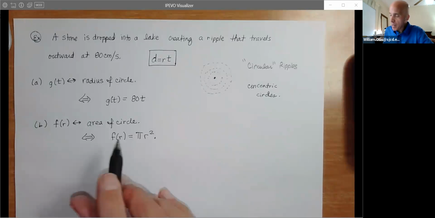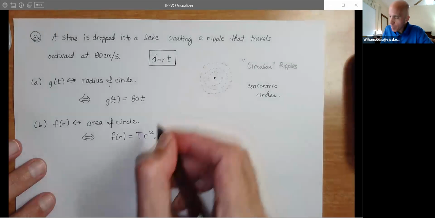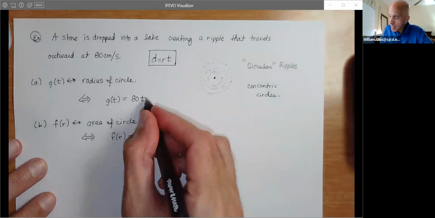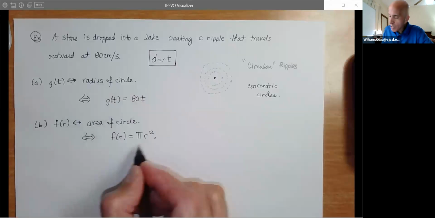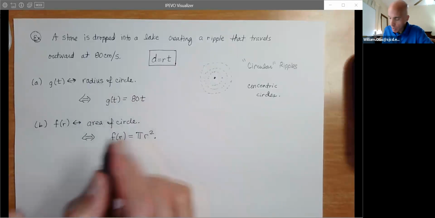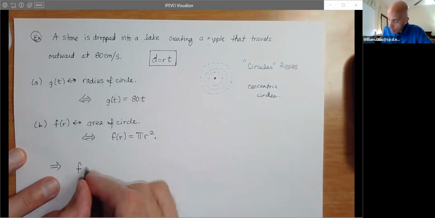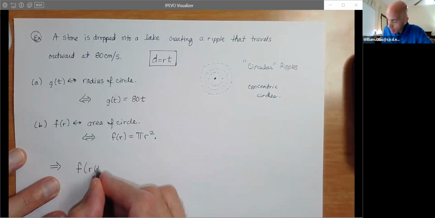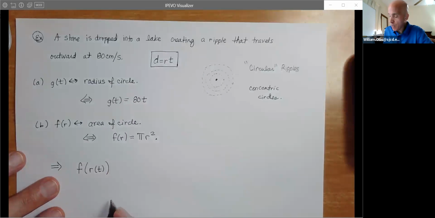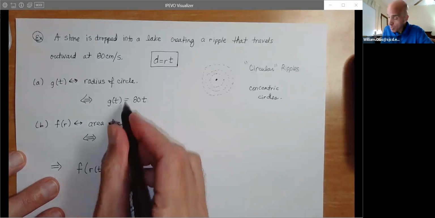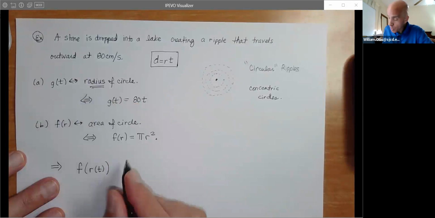So what we're thinking here is that if we go up here, we're thinking of this as the radius. So we now can think of a composition. So this implies that f of r of t, thinking of this as a composition, we can now replace r of t with g of t, the radius of the circle.